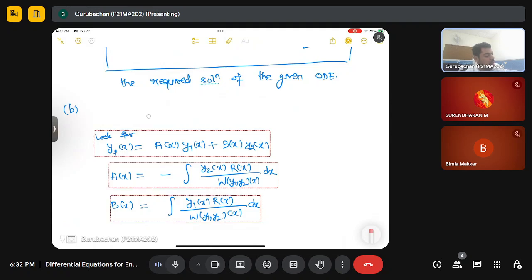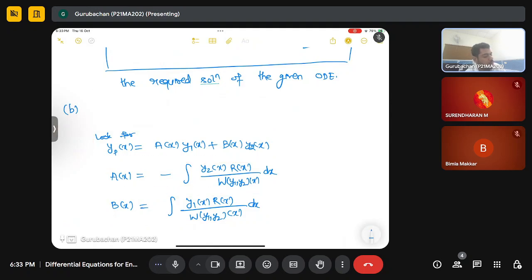What will be the left hand side? y double dash plus p times y dash plus q times y is equal to some r of x. I am talking about this kind of ODE, where r(x) is the right hand side function. So let me just verify the formula.